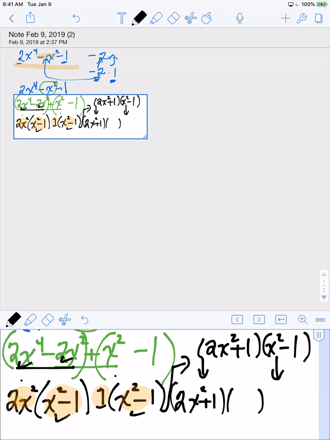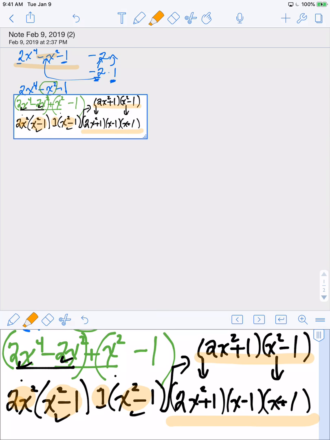And difference between 2 squares means the square root of x squared is x and x. The square root of 1 is 1, and 1 has a minus, and 1 has a plus sign. And that's the complete answer to the first problem, unless you haven't discussed difference between 2 squares, then that's your first answer.